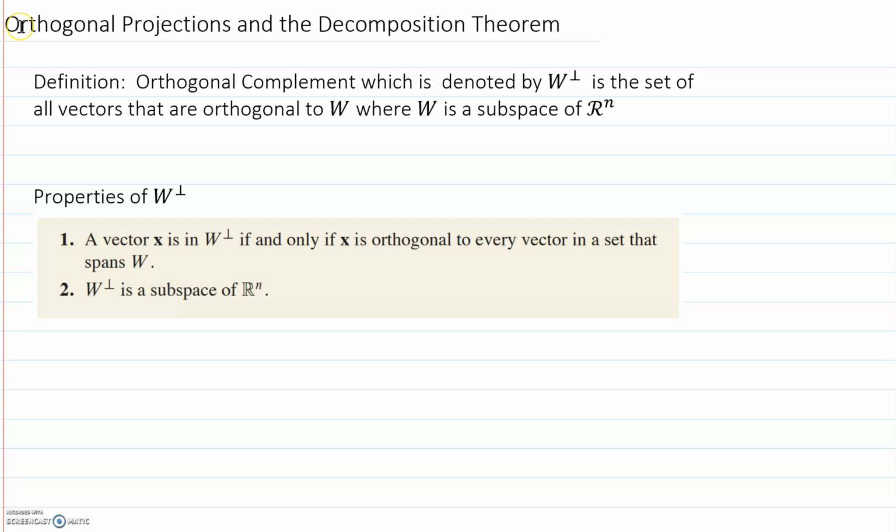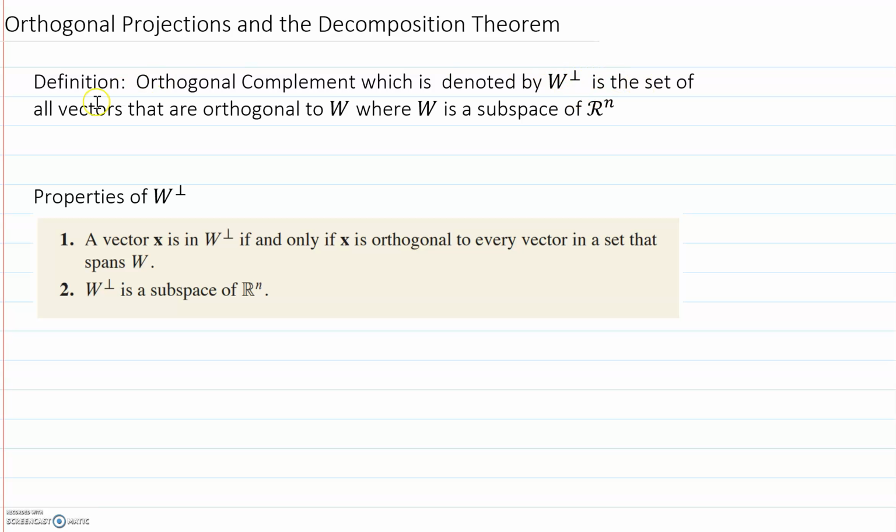In this video, we're going to go over orthogonal projections and the orthogonal decomposition theorem. But before we do, I would like to introduce the following definition: an orthogonal complement, which is denoted by W with a perpendicular sign, W perpendicular, or sometimes simply W perp. What is W perp?